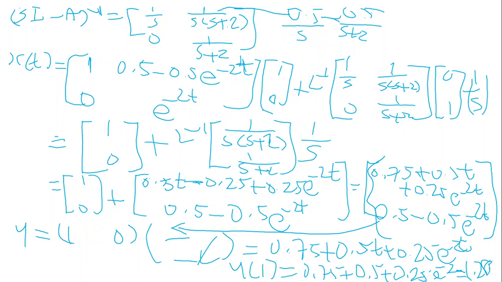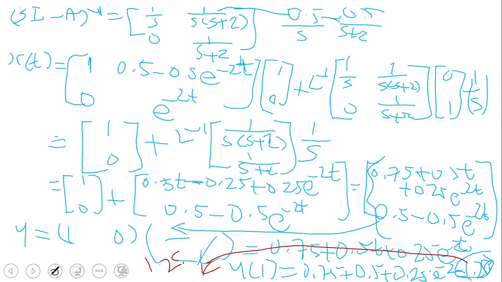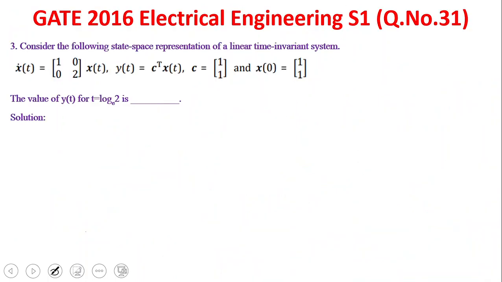Anyway, I'll write here also this 1.2838, for clarity. Is it right? So that is the answer that you get. So let us move on to the next example.